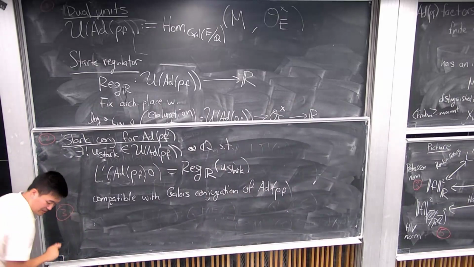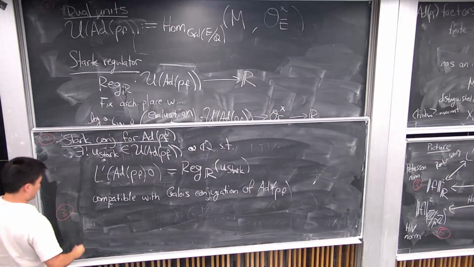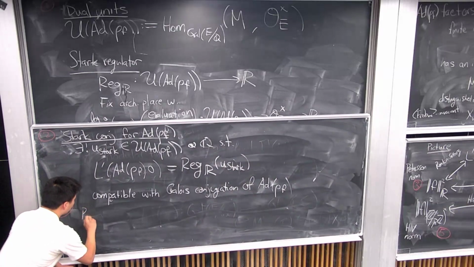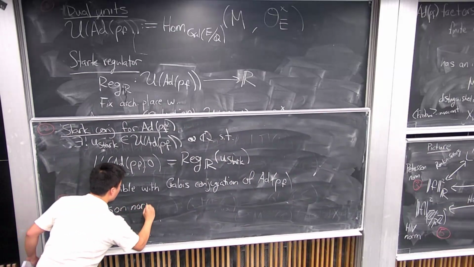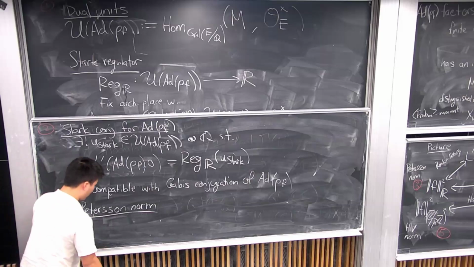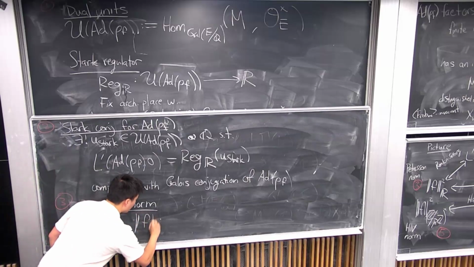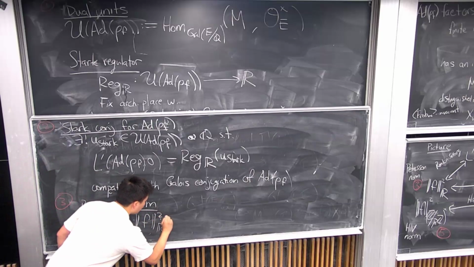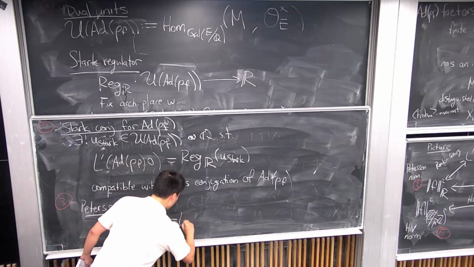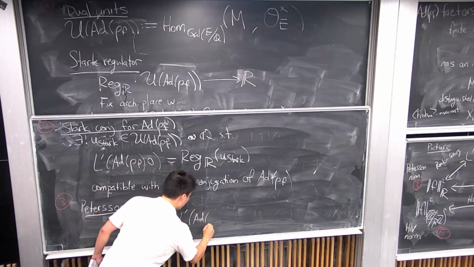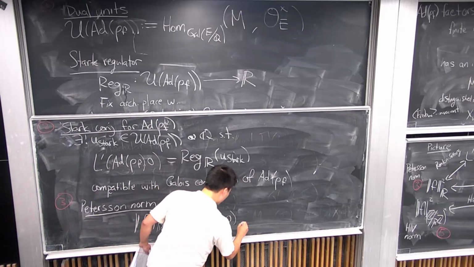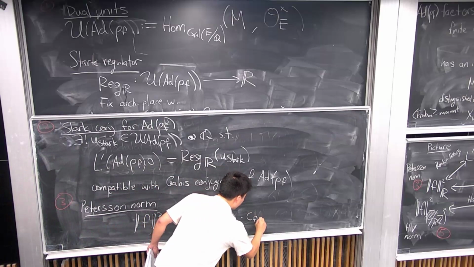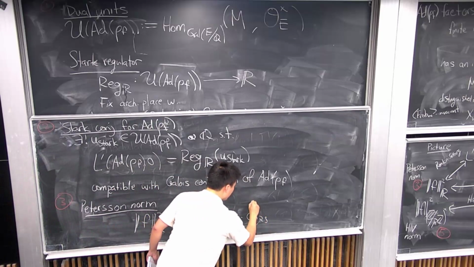I won't say much about the Petersson norm, but it's just useful to know that the Petersson norm of F is proportional to the first derivative of the L function of ad rho_F at 0, up to some rational constant.